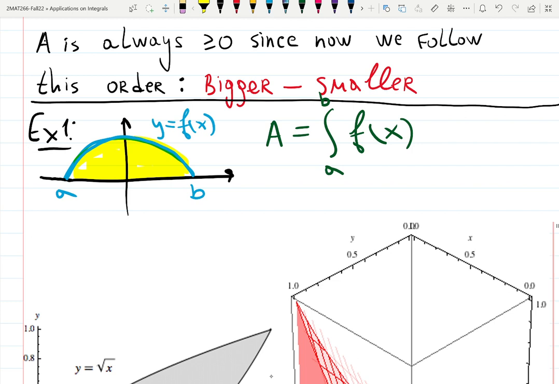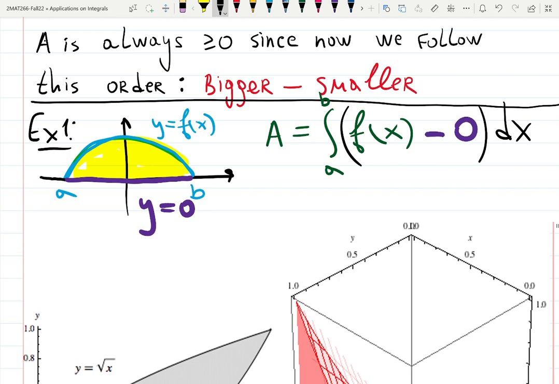What is the area between the graphs in this case? Minus, I heard you saying 0, but it's a function called y equals 0. It's the area between two graphs. It's function minus function dx, and this area is always positive.